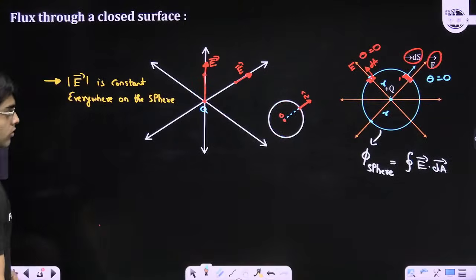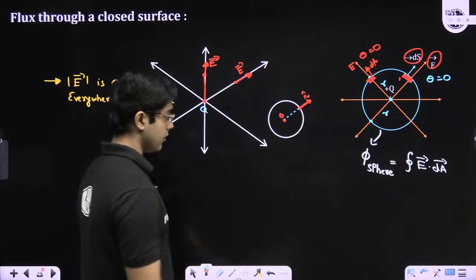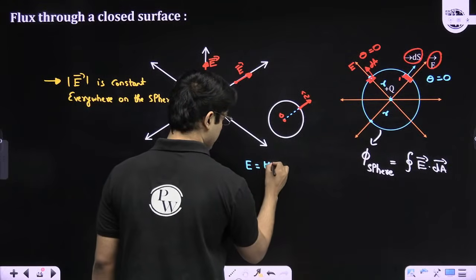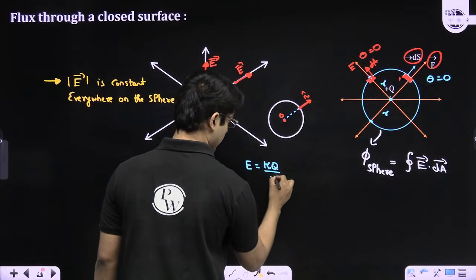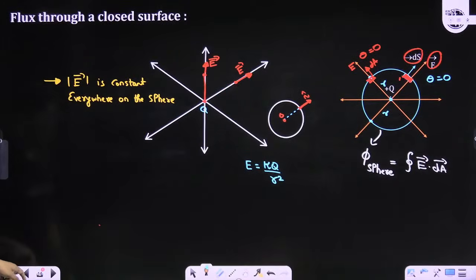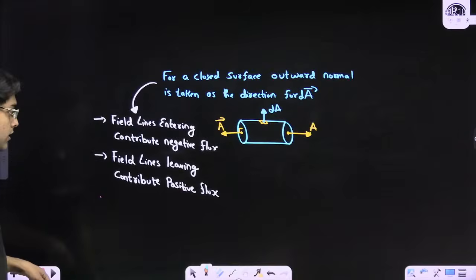Now we also know this formula for E, right? We discussed this earlier. E was actually KQ divided by R square. We also discussed this magnitude in the last lecture.